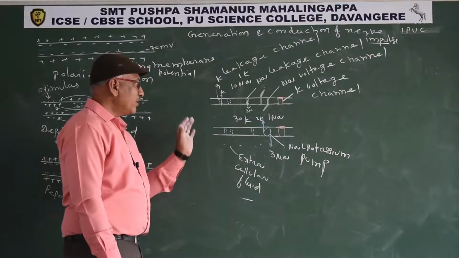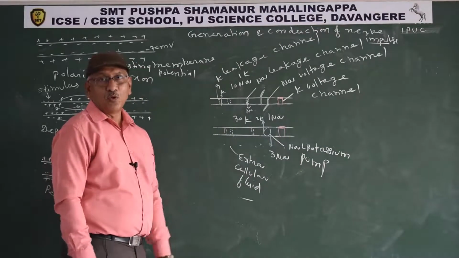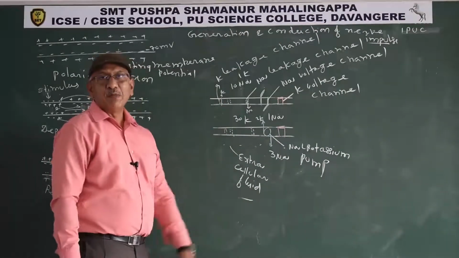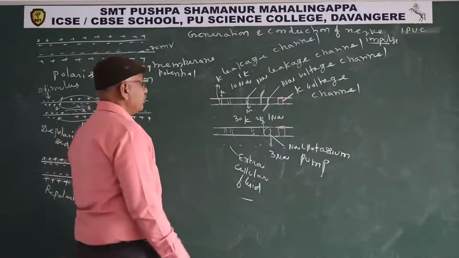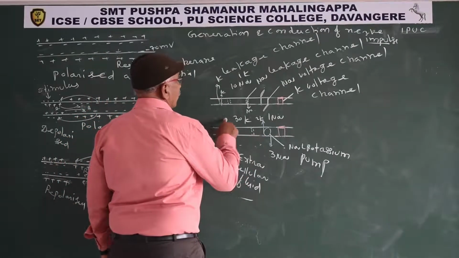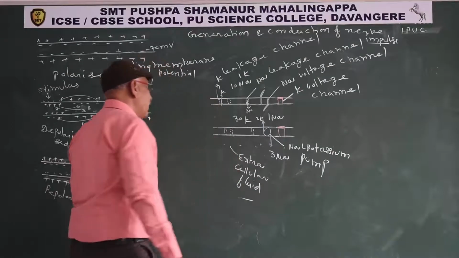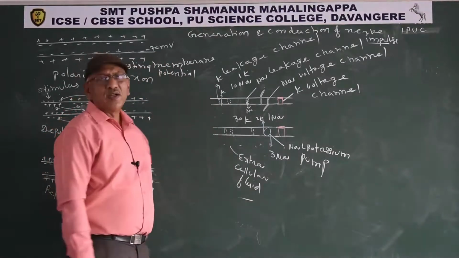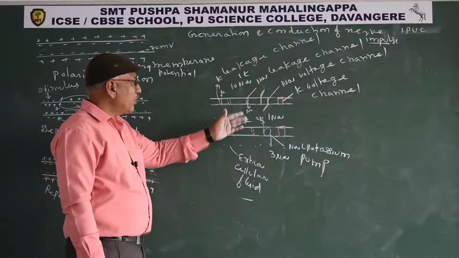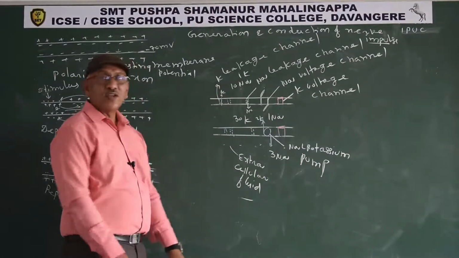The negative charge in the axoplasm is protein, and the axolemma is impermeable to proteins. At rest, potassium leakage channels are more, meaning more potassium goes out when compared to the entry of sodium into the axoplasm.